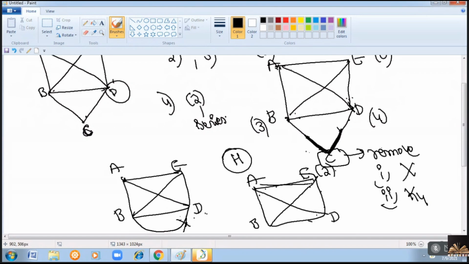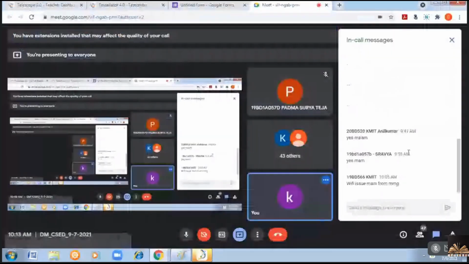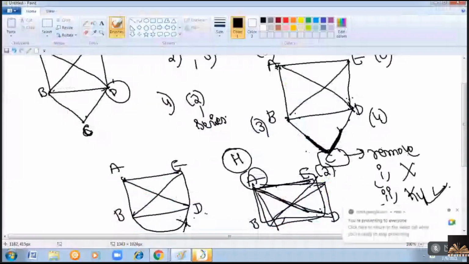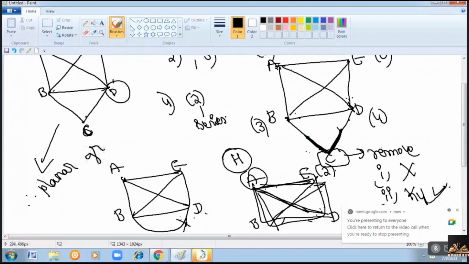Yes. Every vertex is incident with every other vertex. Therefore, it is a complete graph. If you get a complete graph with 4 vertices, then you can say that it is a planar graph. Therefore, this given graph is a planar graph.